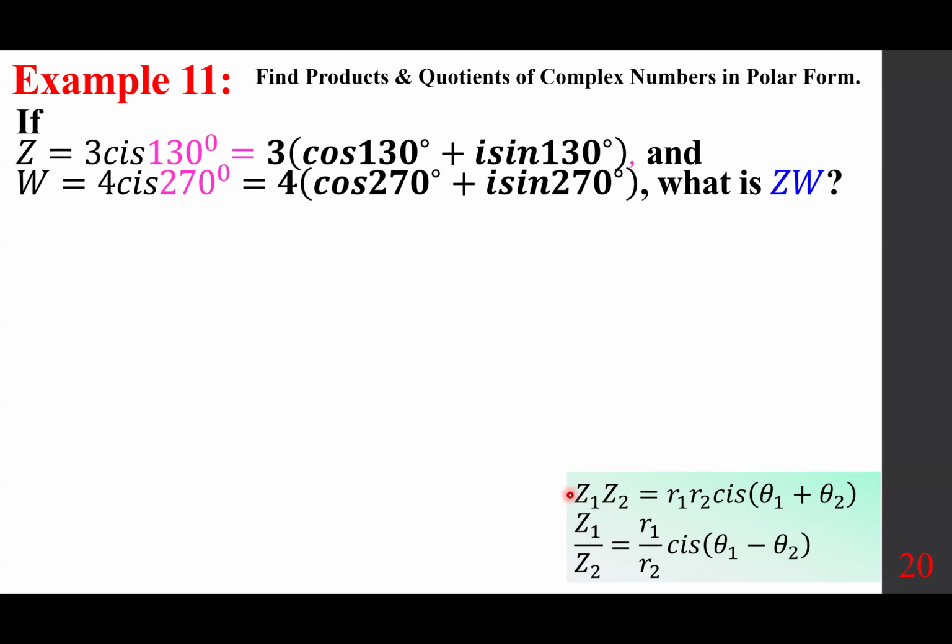Z1 Z2 is r1 r2 cis theta 1 plus theta 2. Therefore, we just follow that.